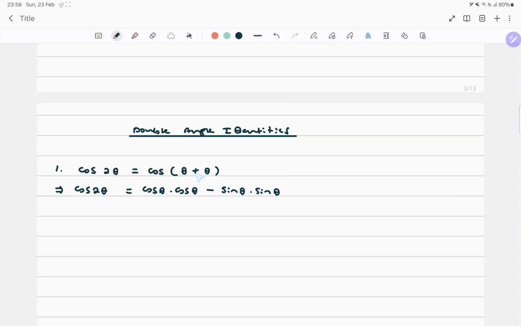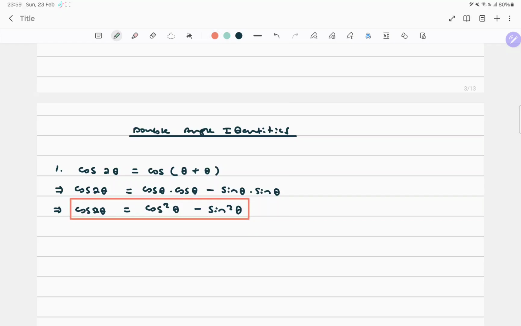And the good thing is that the angle is the same. So this implies that cos 2 theta is equal to cos squared theta minus sine squared theta, because that product is a square. And of course, this is the generic compound angle identity for cos.